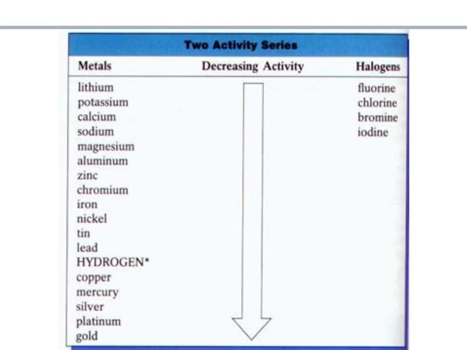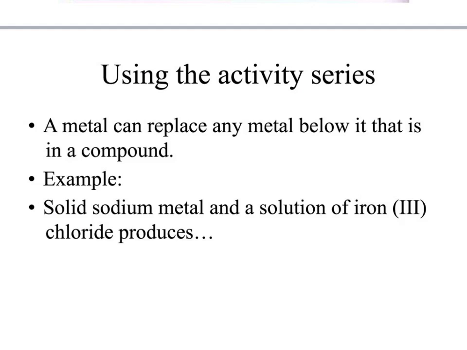If lithium is more active than lead, then it is more likely to replace lead in a solution. But in the reverse, if sodium is in a compound, then it is not going to be able to be replaced by something like iron.